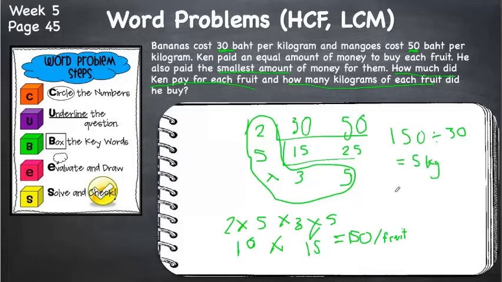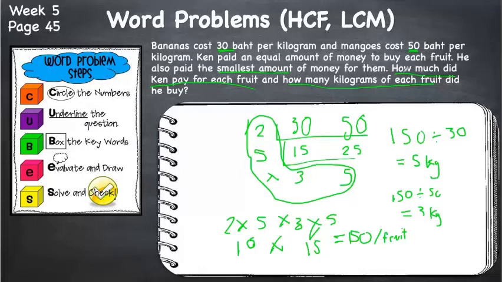And the second one is 150 divided by 50. How much? We get 3 kg. Okay, you can also check in the book, it's also correct, 5 kilograms and 3 kilograms.